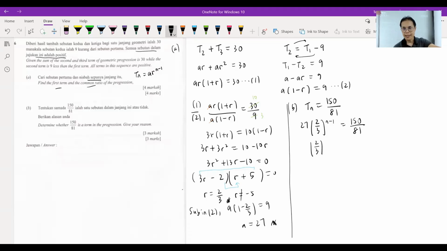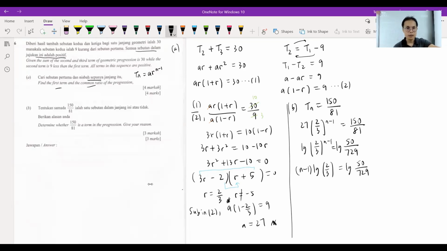So (2 over 3) to the power n minus 1 is now 50 over 729. Now, to solve for n, we can just introduce logarithm. Put the log on the left, log on the right, bring the power n minus 1 down, 2 over 3 here. This is lg or log base 10, 50 over 729.